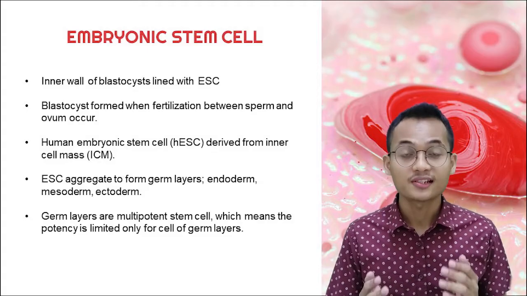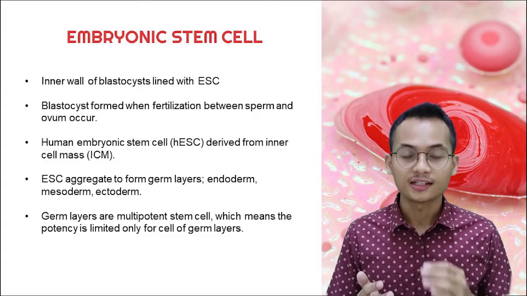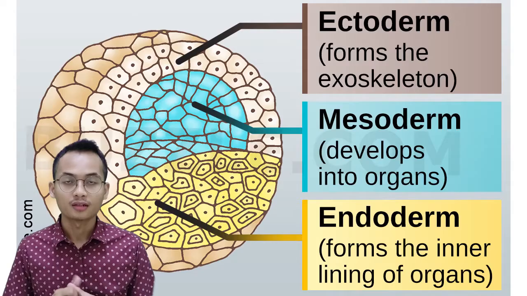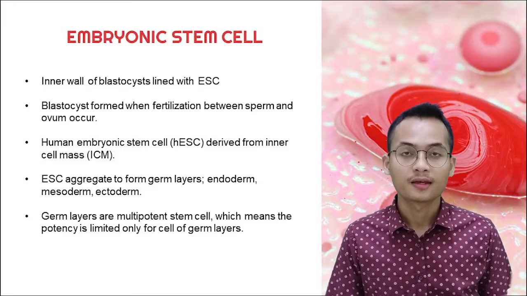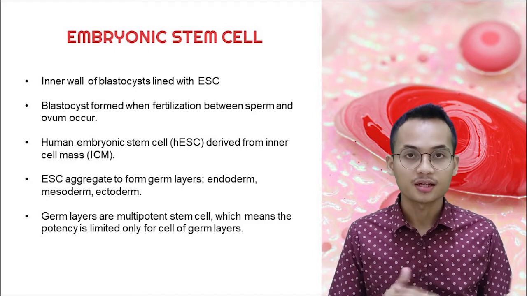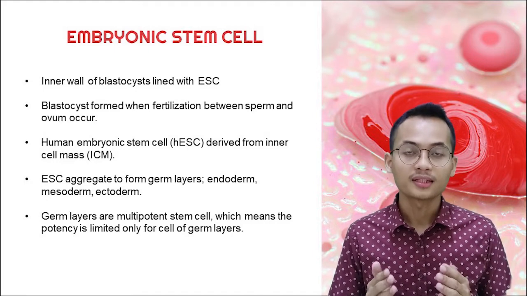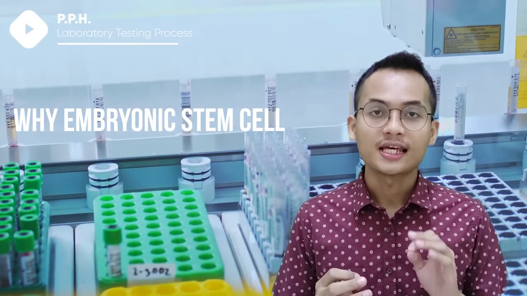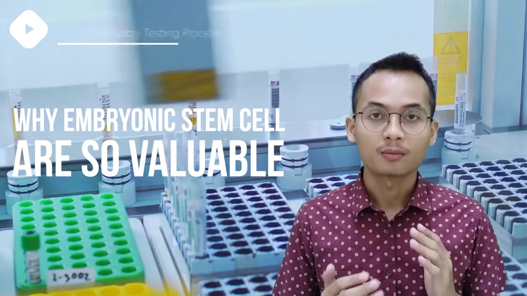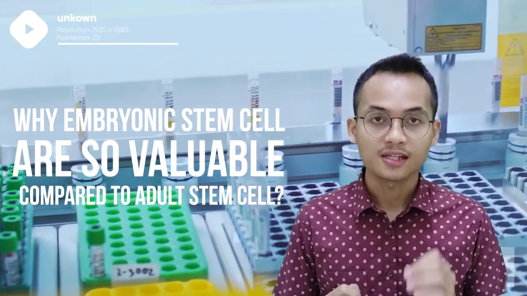The embryonic stem cell will aggregate to form three different germ layers: ectoderm, mesoderm, and endoderm. These three germ layers will then differentiate and specialize into a multipotent stem cell. So, why are ESC, embryonic stem cells, so valuable compared to adult stem cells?